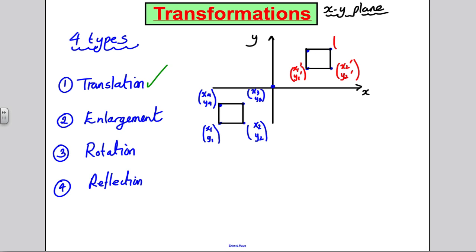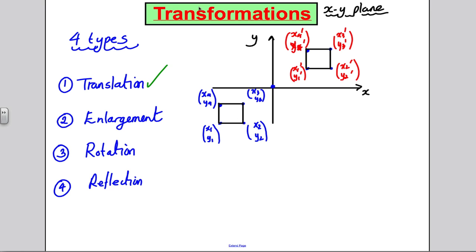I'm going to call this x3 dashed and this y3 dashed. And this x4 dashed, sorry, y4 dashed. The reason I'm using this notation is just to say this point relates to that point, but it's been moved now.